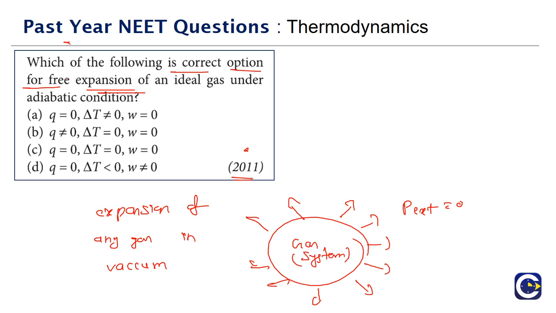So what we need to choose? Which of the following is the correct option for free expansion of an ideal gas under adiabatic condition? For the free expansion, W will be equal to what? The general formula for work in a thermodynamic process is W equal to minus integral P external dV.